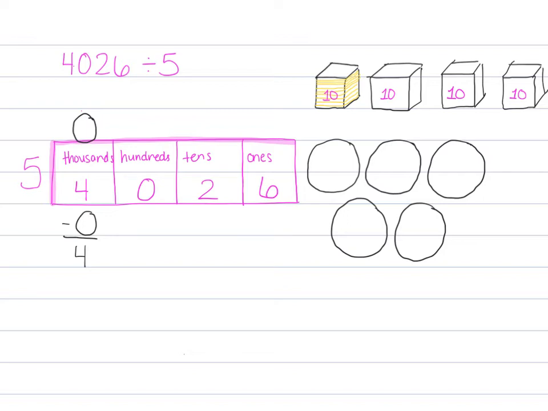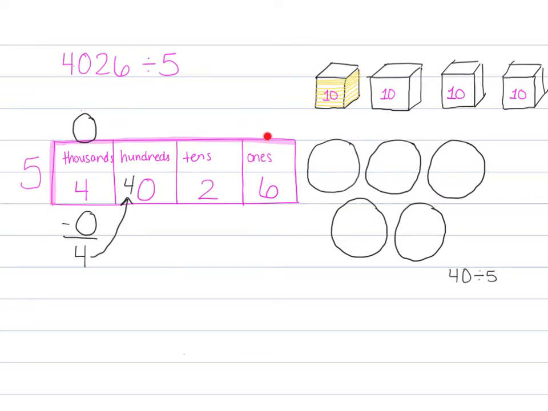Altogether, that is 40 hundreds. When we move our 4 and regroup it into the hundreds, we know we have 40 hundreds. Yes, that works. So now we have 40 divided by 5.